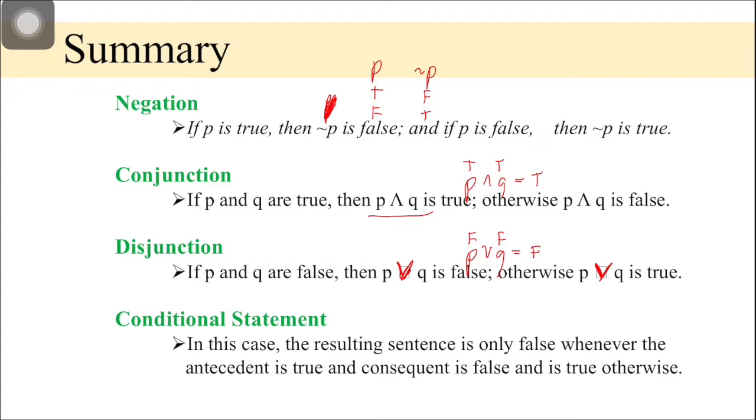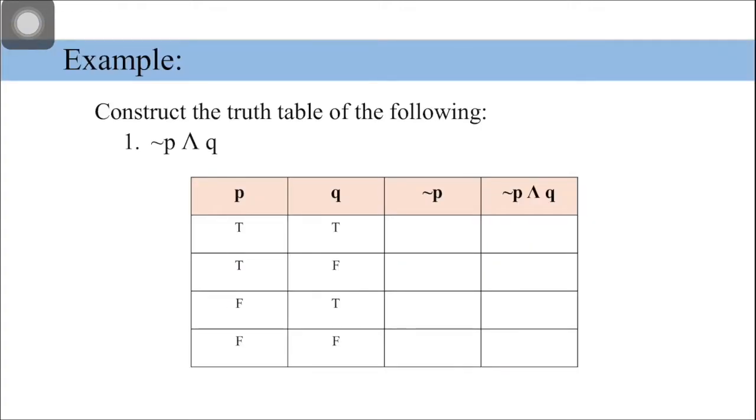Otherwise, the answer is true. In conditional statement, the resulting sentence is only false if the antecedent is true and the consequent is false. Otherwise, true.